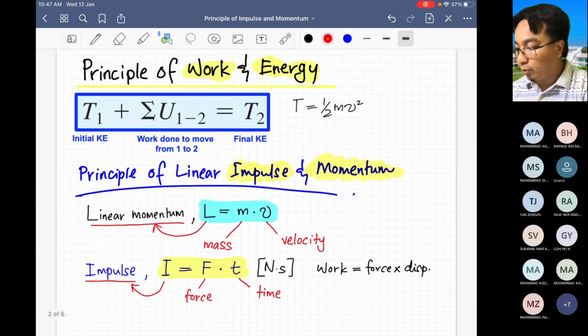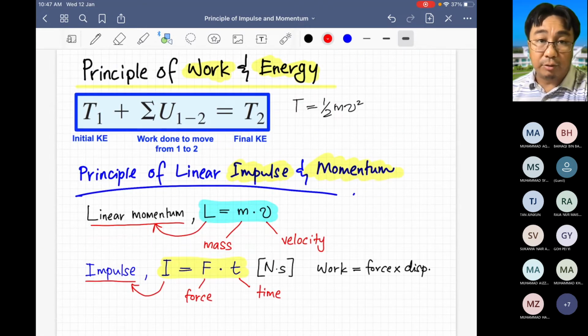Okay, so this is the principle of impulse and momentum. If you compare, it is almost similar to the principle of work and energy. The arrangement of the equation is almost similar. For the principle of work and energy, T1 plus total U equals T2.